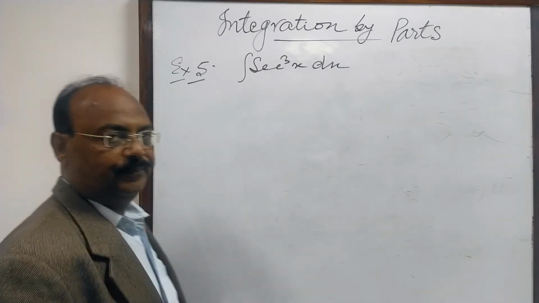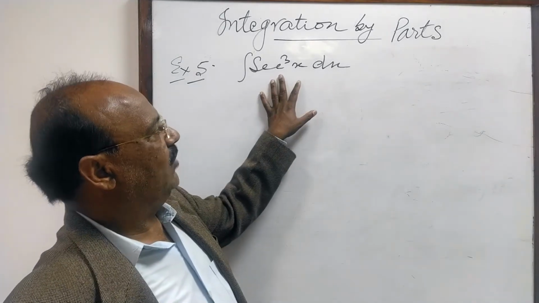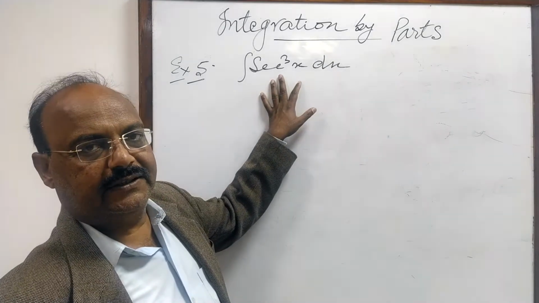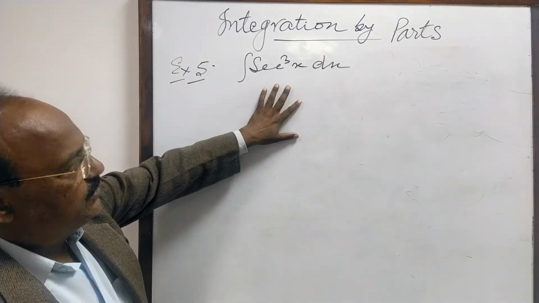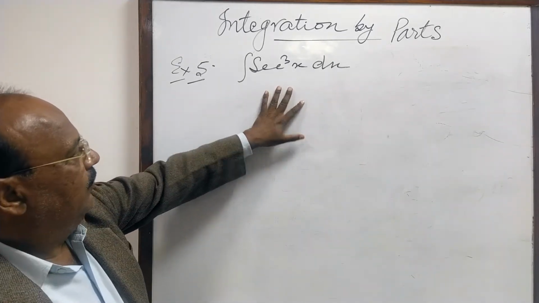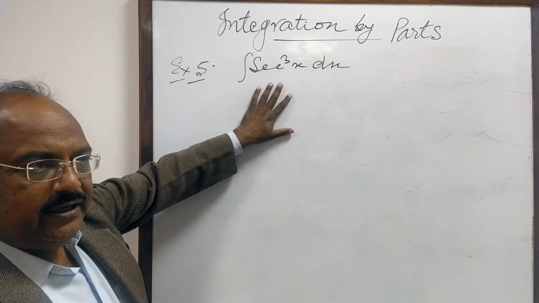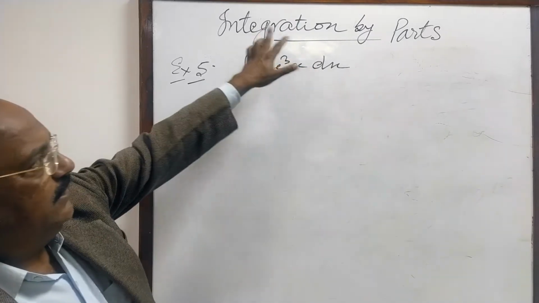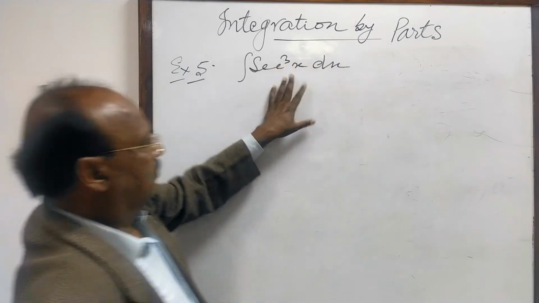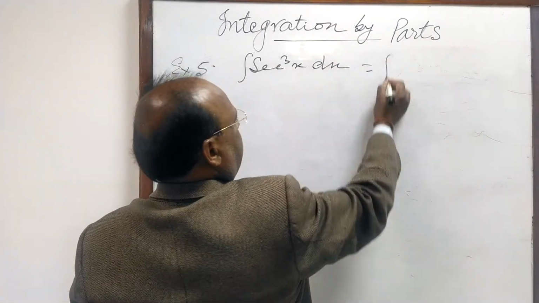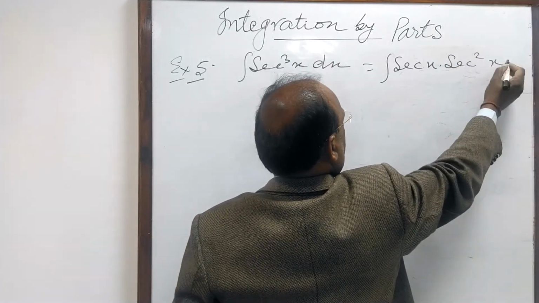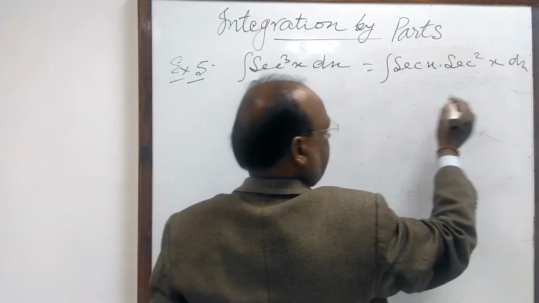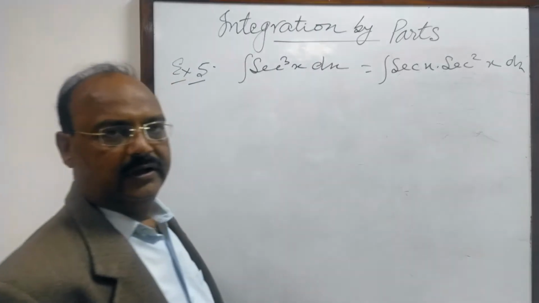Here also we find only one function, sec cube x, but using a very simple trick we can integrate it very easily by the same formula of integration by parts. We can write this one as sec x into sec square x dx. Clear?